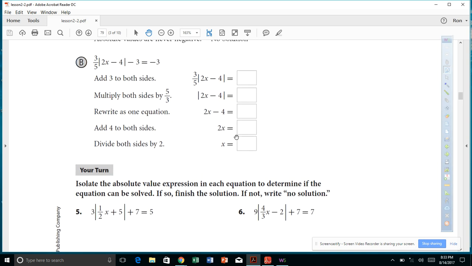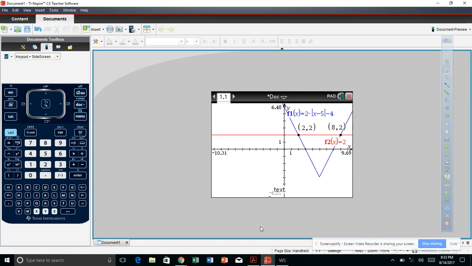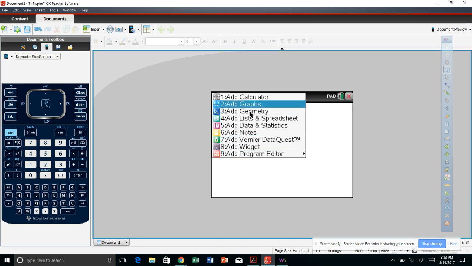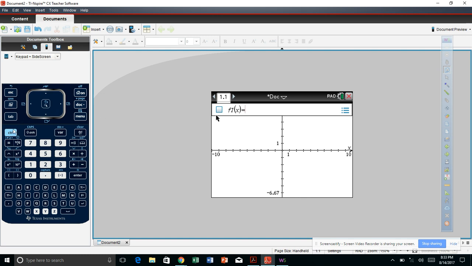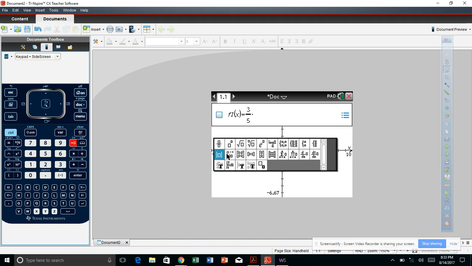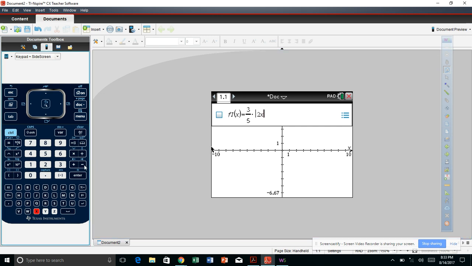Well, you know something? Let's go ahead and graph that on the calculator just to show you. That way we get it just right. New document, graph, and then control, divide, and I got 3 over 5 times the absolute value of 2x minus 4, minus 3.